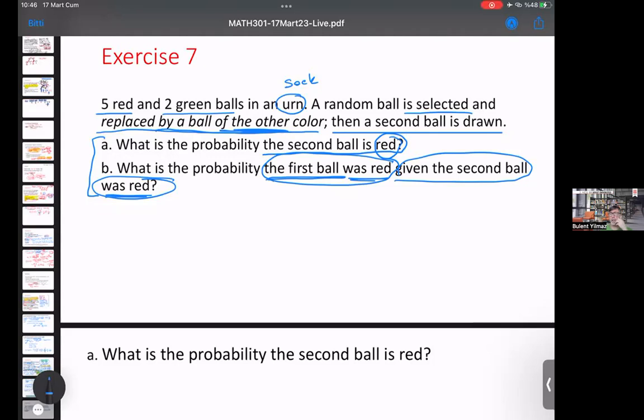Hari, this is the answer for A, right? Tell me this is A and this is B. Put two answers at the same time, okay? Abdullah Burhan Doğan, please check your calculations.